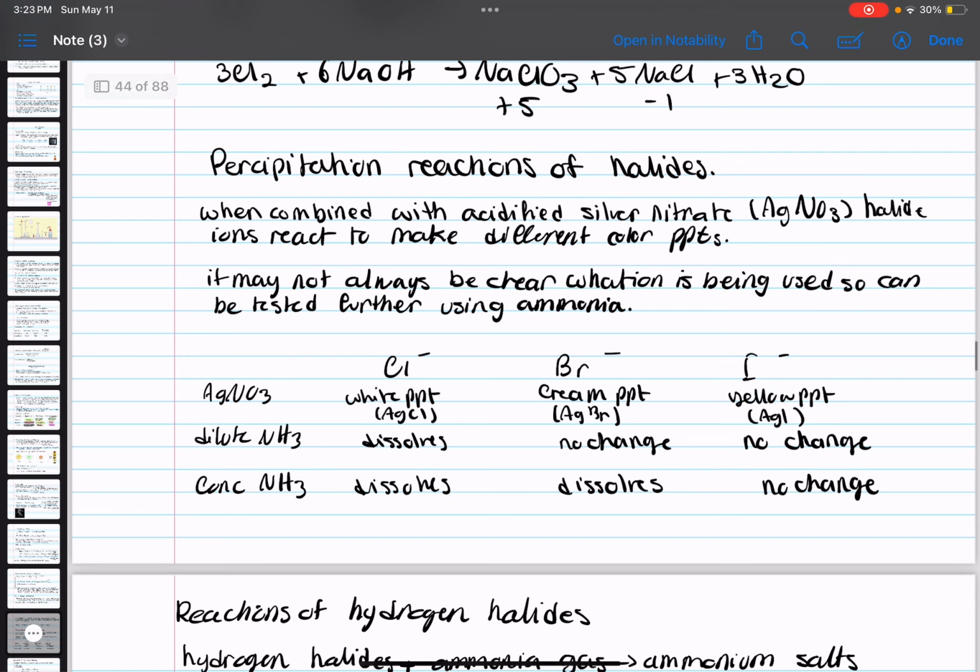And then if you mix silver nitrate with halide ions, they give different colors of precipitates, which should be compared to each other to identify which precipitate is which. It might not always be clear from the color, so we test it further using ammonia.